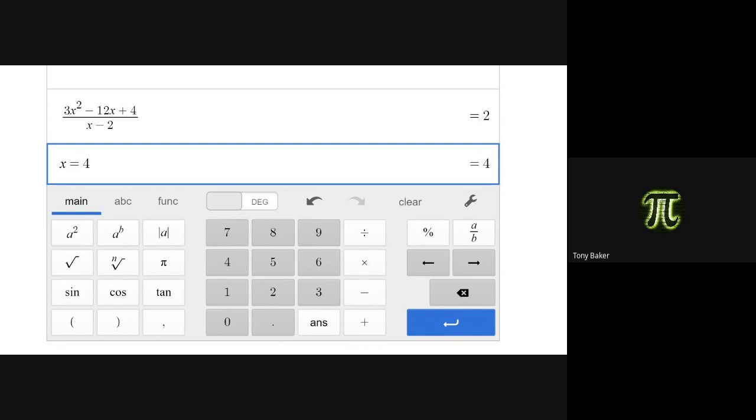And 4 gives me 2. So it was -2, 5, undefined, -5, 2.